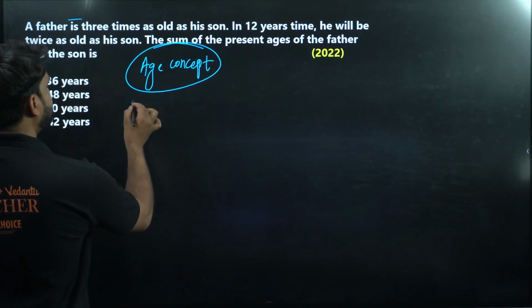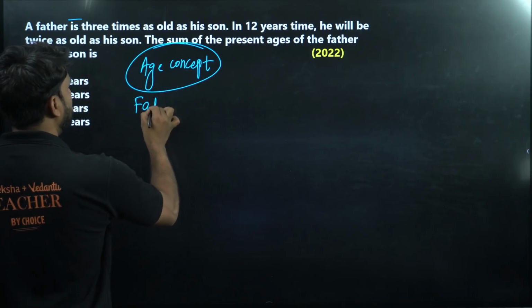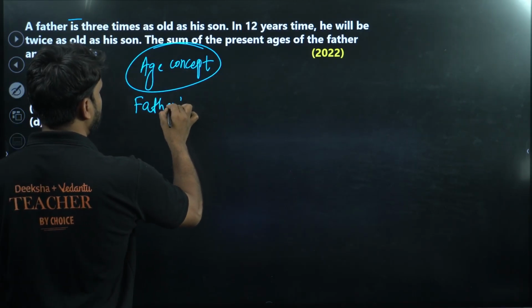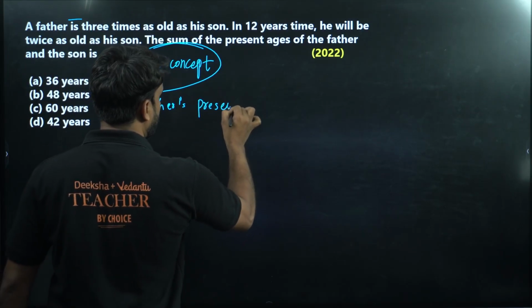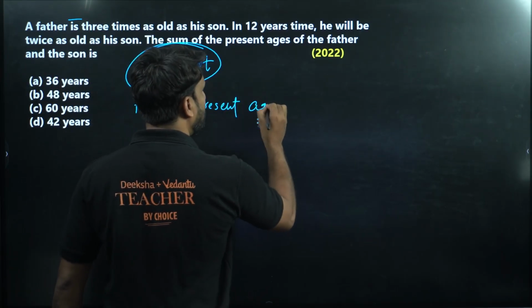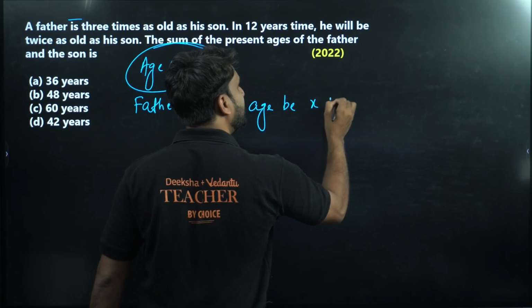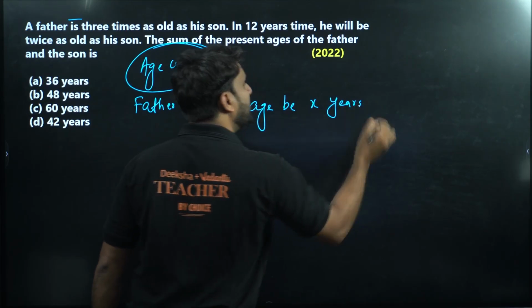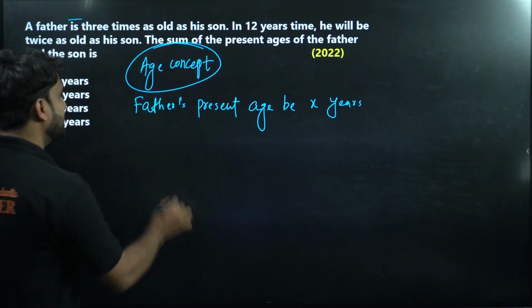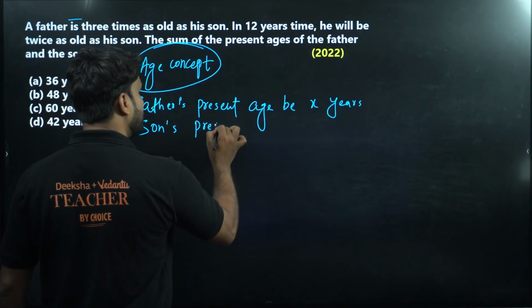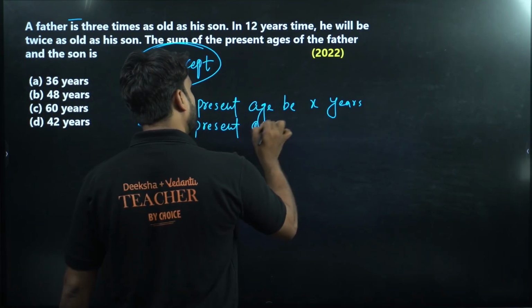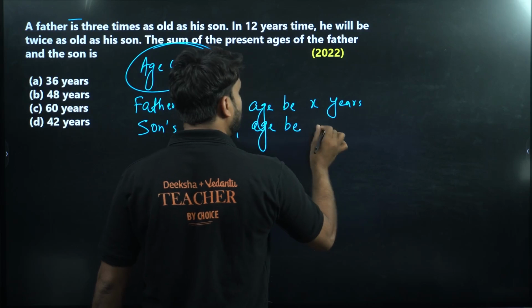So let the father's present age be X years, and the son's present age be Y years.